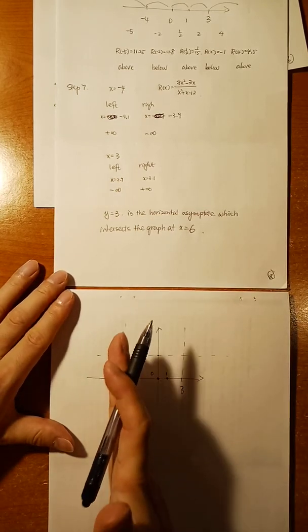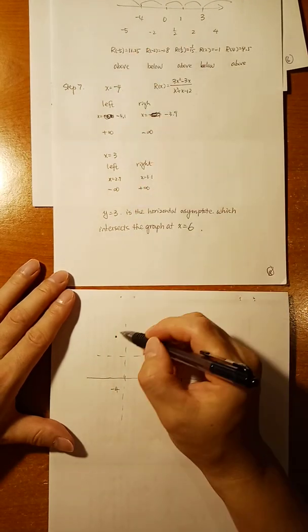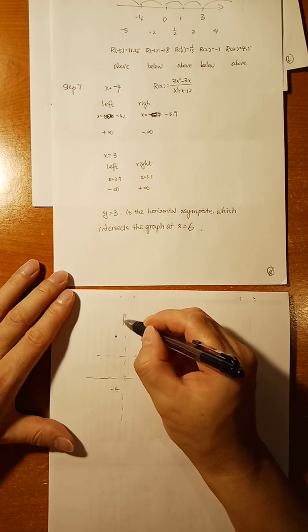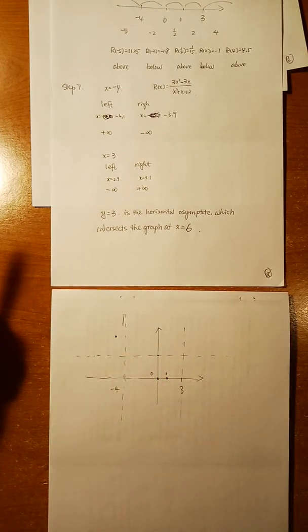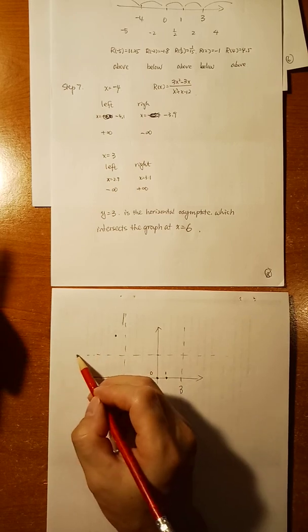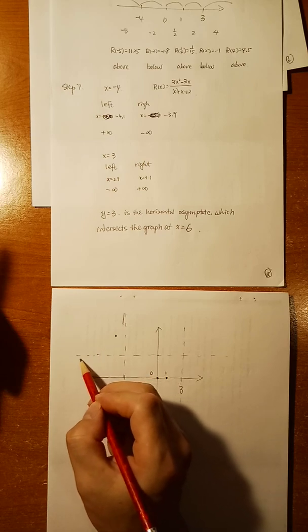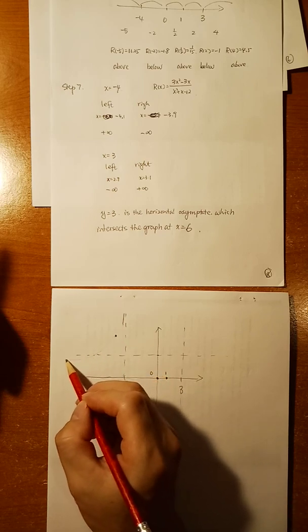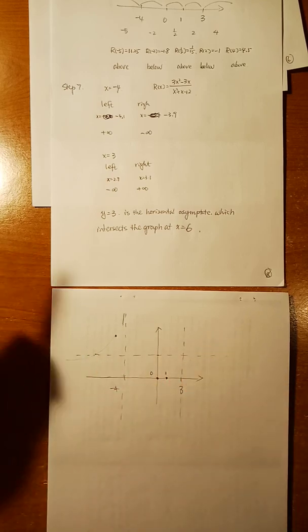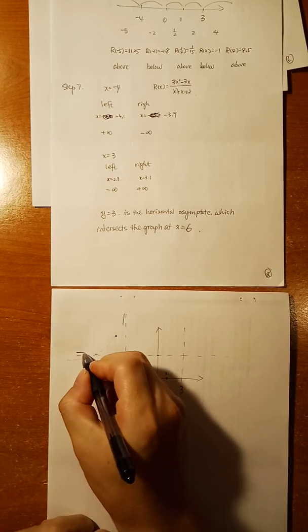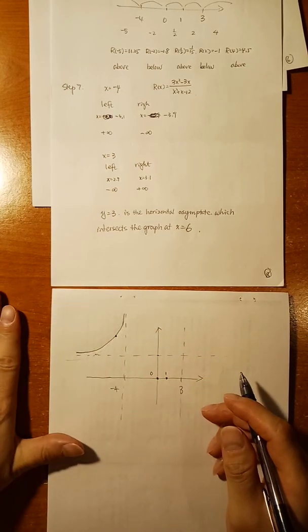We also know that on the left side of negative 4, it approaches positive infinity. When x approaches negative infinity, it will approach the horizontal asymptote. But you cannot cross it, because if you cross it, you would have an intersection, and there's no intersection here. So you can only sketch it above the horizontal asymptote on the left part.